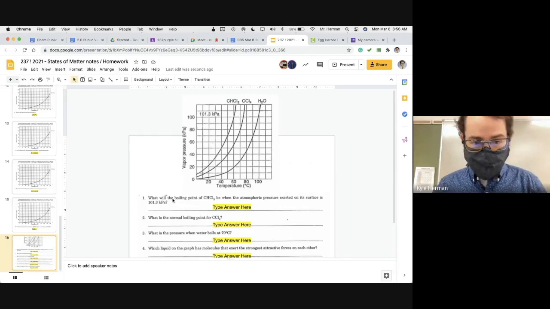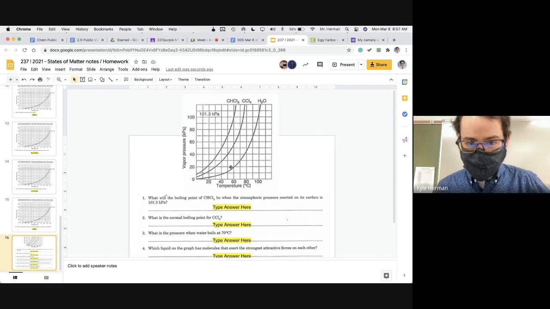Okay, it says, what will the boiling point of CHCl3 be when the atmospheric pressure exerted on its surface is 101.3? So it's asking for its normal boiling point. This is the first one, because it has the H in it. So CHCl3, normal boiling point. It's right on this line, so that makes it nice and easy.